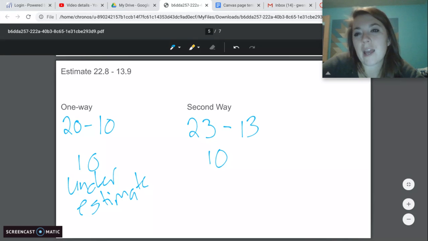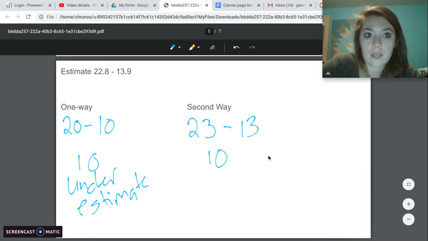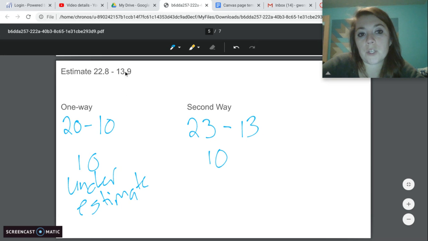Now this one, it's kind of hard to determine whether this would be an underestimate. Well, in this case, it was an underestimate. In this case, since we're getting the same thing, if we think about it, this one we went up 2, this one we went down 9, so it is going to be another underestimate.